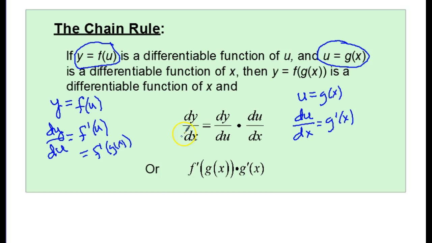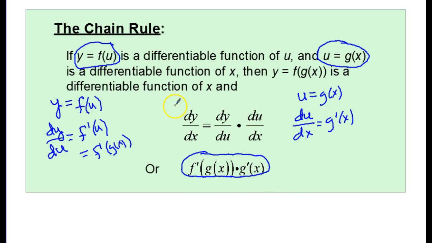So in Leibniz notation, dy dx, the derivative of y with respect to x, the derivative of the composite function, is going to be dy du, which is f prime of g of x, times du dx, which is g prime of x. And so out pops our chain rule.